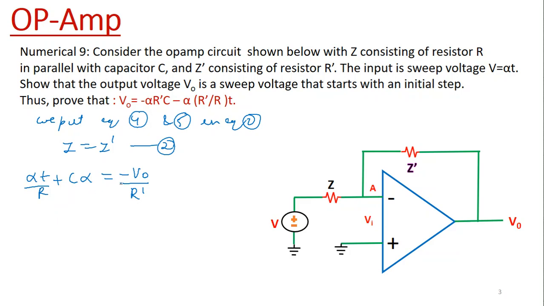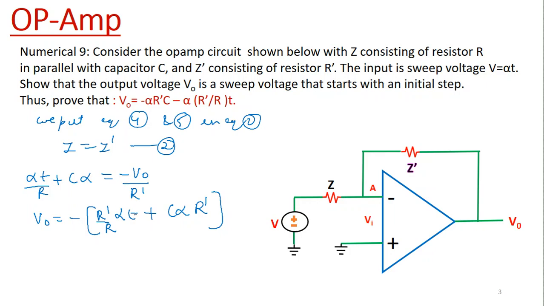So when we shift this R dash to the left hand side, and the negative sign also, we get VO is equal to minus of R dash by R alpha T plus C alpha R dash. This we are getting.